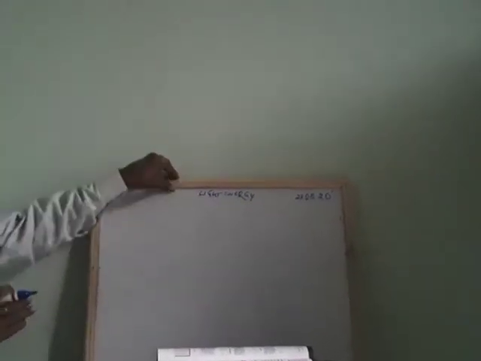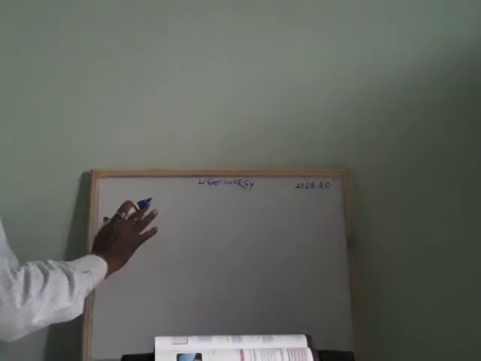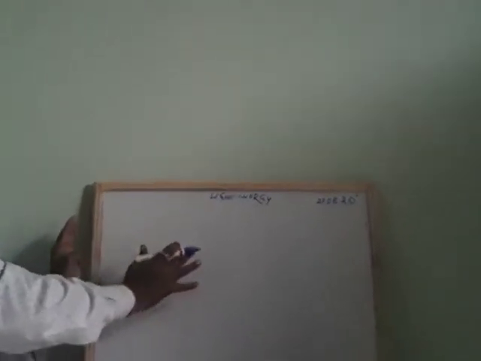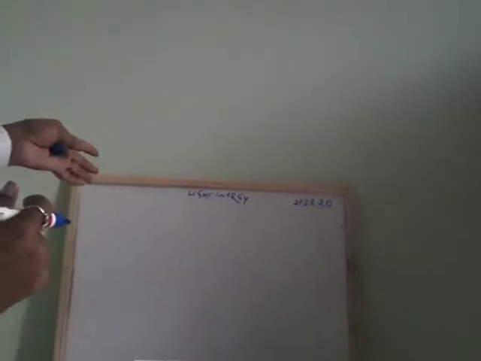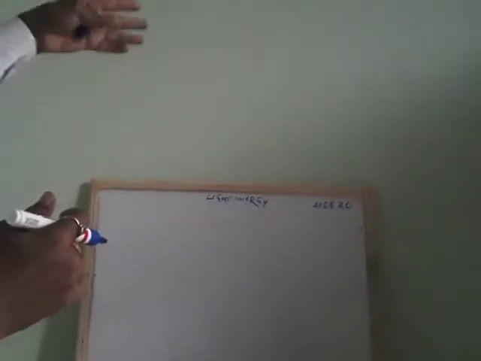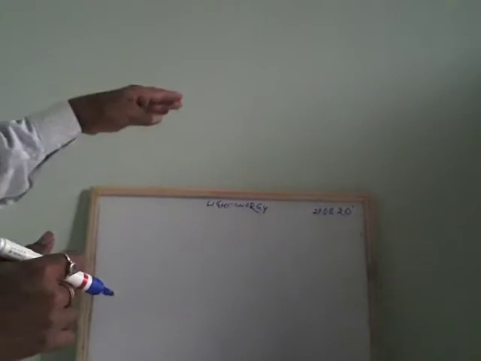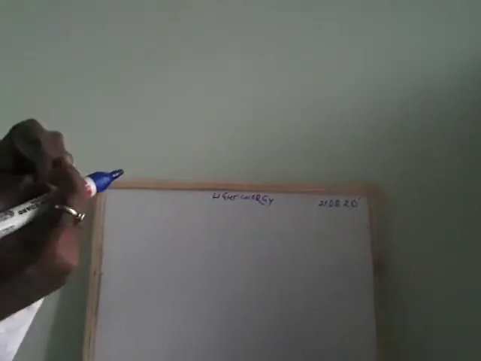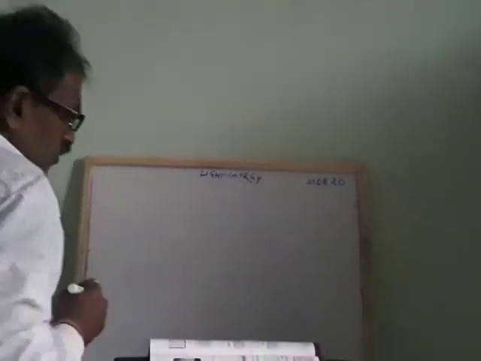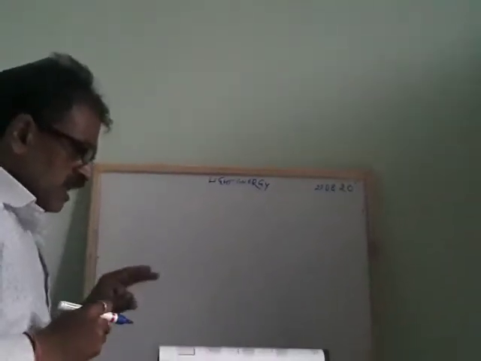Imagine this board is a plain mirror. You stand somewhere far and try to find whether your image is falling or not. Your image forms a little smaller in size because you are far from the mirror. So what happens when the object is at infinity?